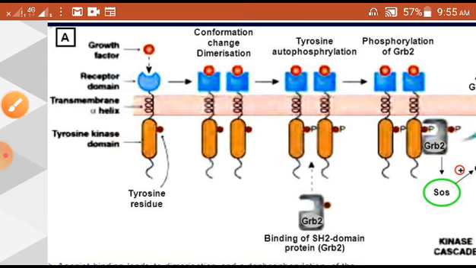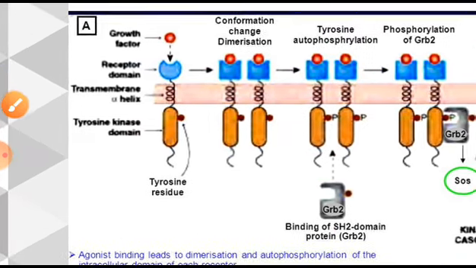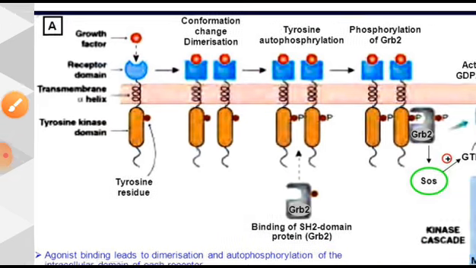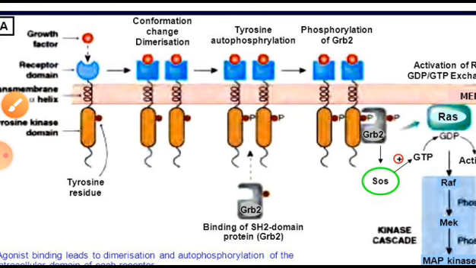Likewise, the enzymatic domain, the tyrosine kinase, will phosphorylate itself. Phosphorylate means one phosphate comes and attaches with it, because phosphate is an energy. When phosphate attaches with this enzyme, it gets activated. So once this autophosphorylation happens, the enzyme has got the activation.